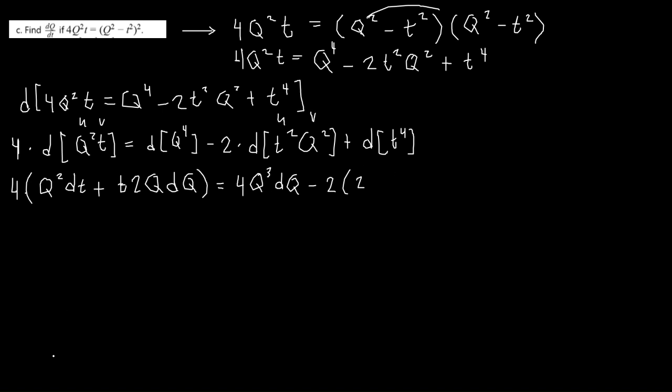So this will be t squared 2q dq plus q squared 2t dt, plus 4t cubed dt.